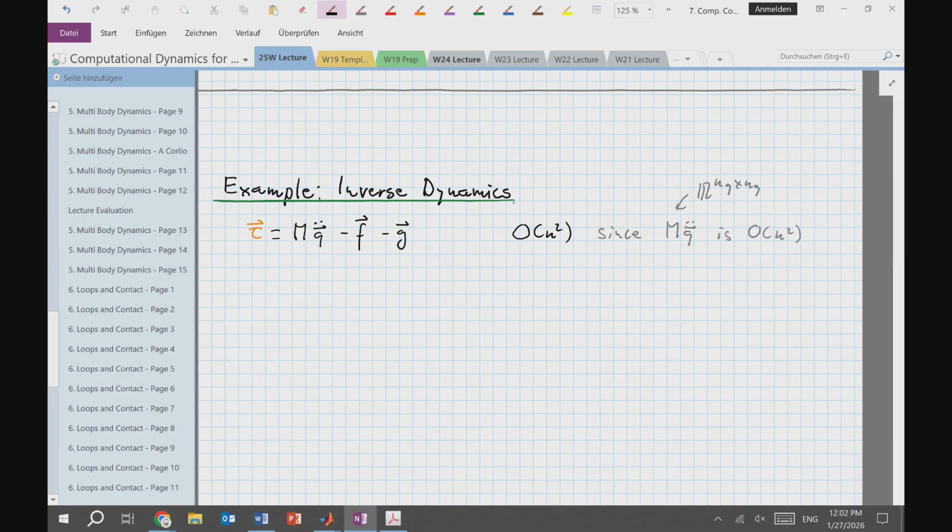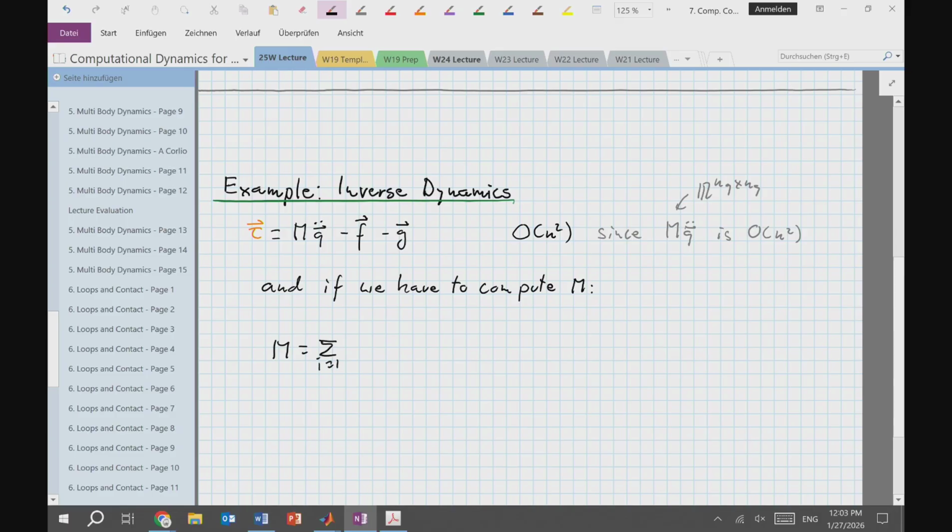That, of course, is if you know M, right? If you know the mass matrix, but the first step that we do is we have to compute the mass matrix. What is the computational complexity of computing the mass matrix?